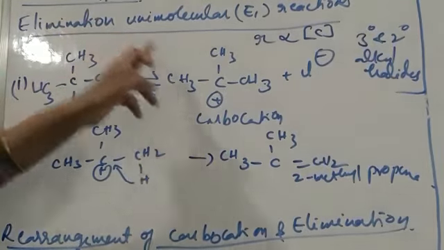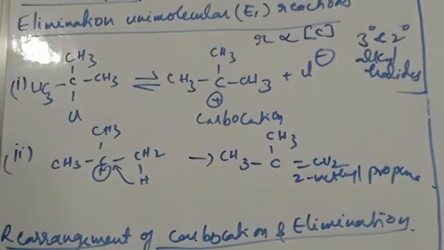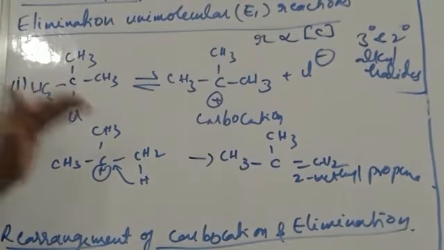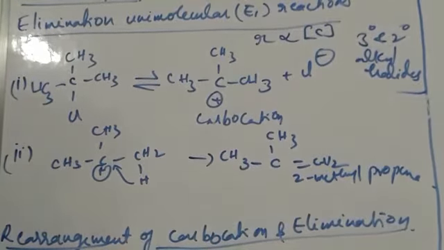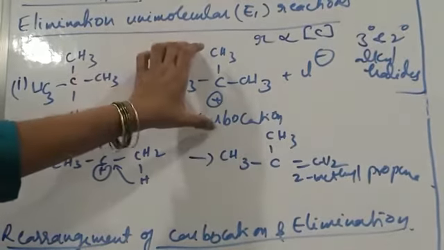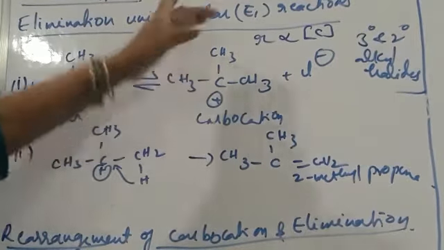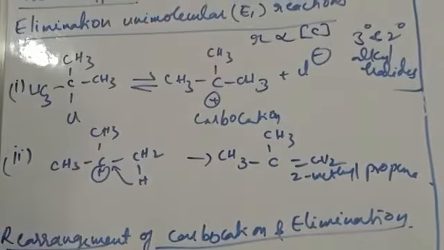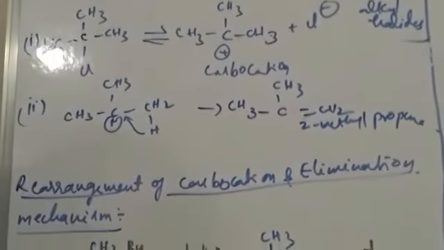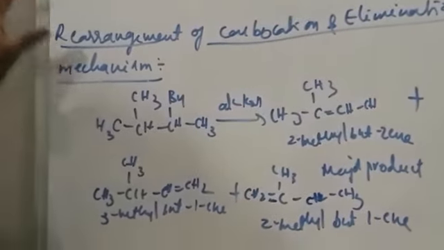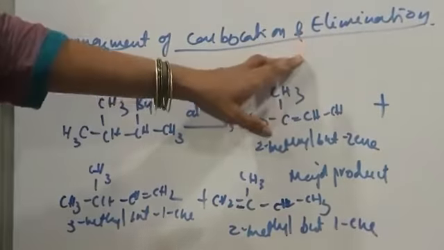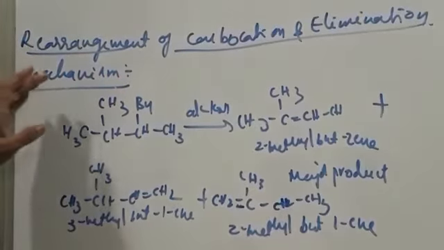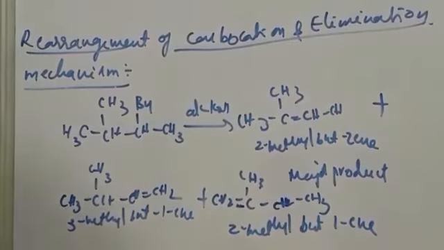So it takes place through the formation of a carbocation. So during the elimination mechanism, this carbocation undergoes rearrangement. Okay. So due to rearrangement we get different products. So here for example, we see rearrangement of carbocation.